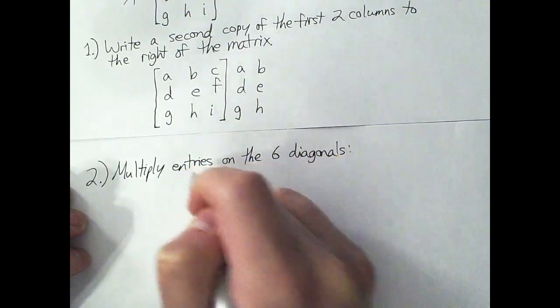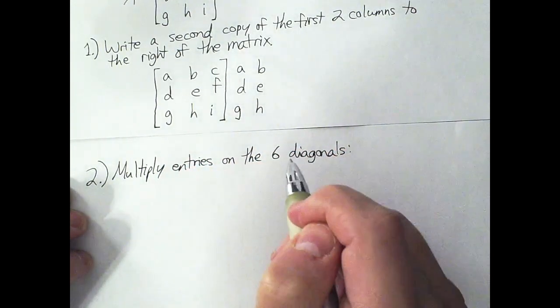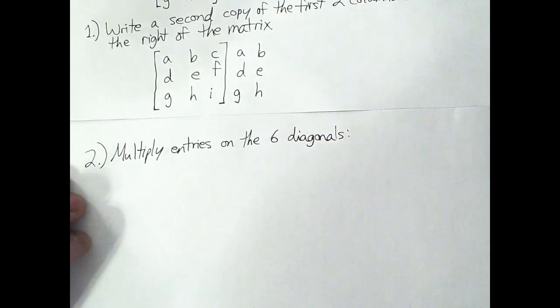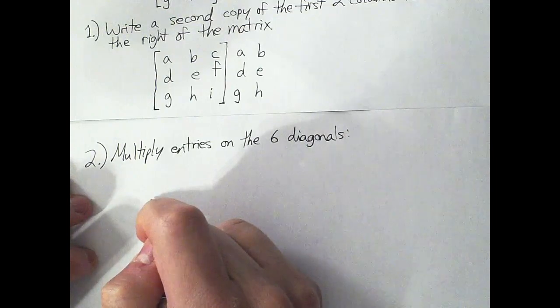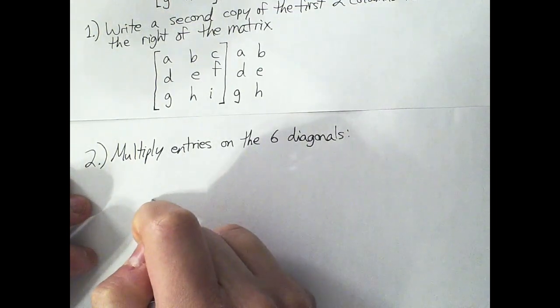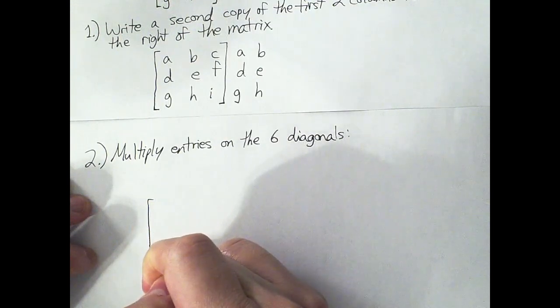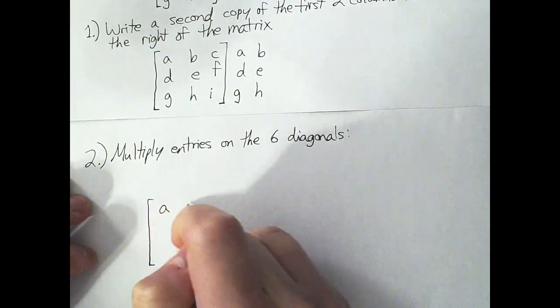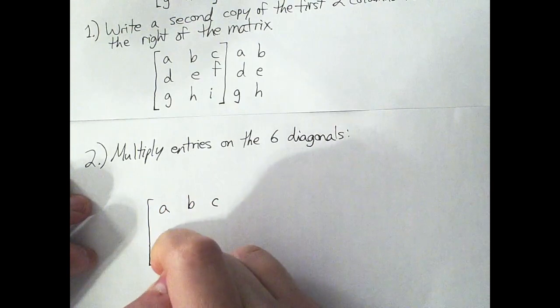Okay, I need to draw a big picture here. Leave yourself some room to label things on this next one. First of all, I'm going to write what we just had, but I'm going to leave a little bit of space above and below it. A, B, C, D.